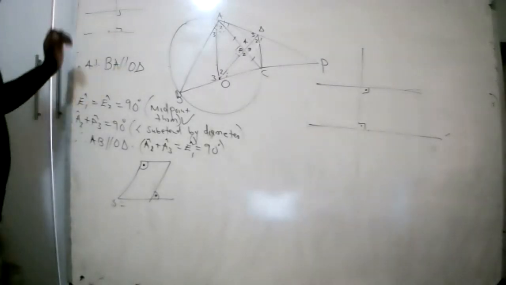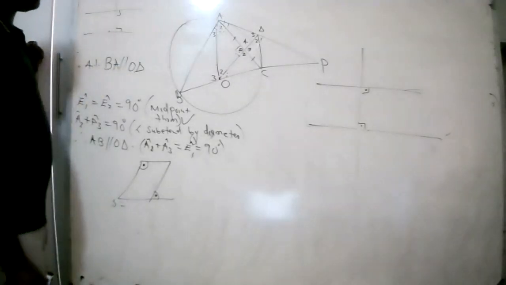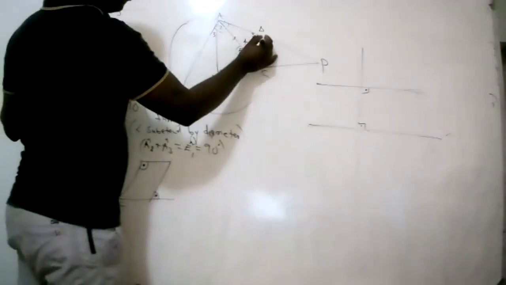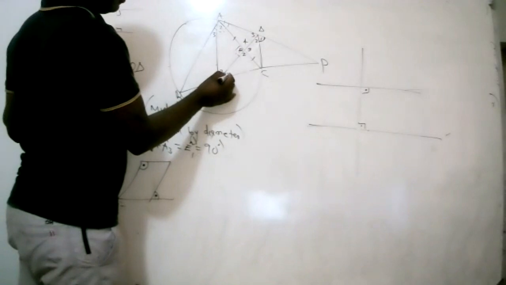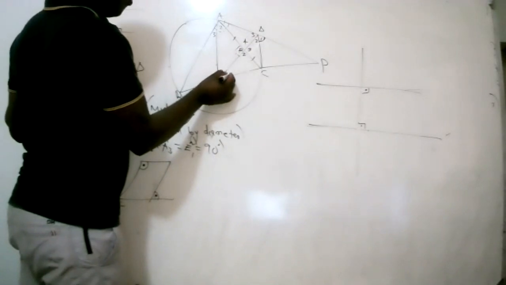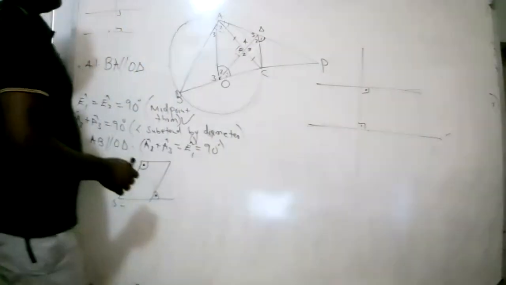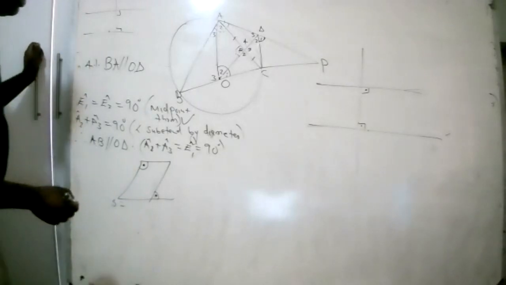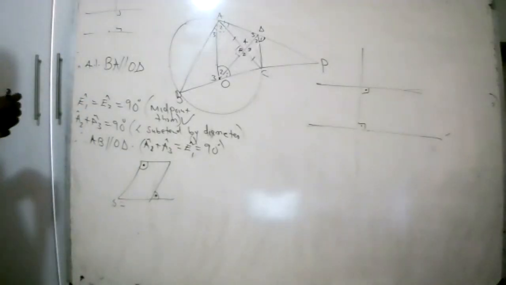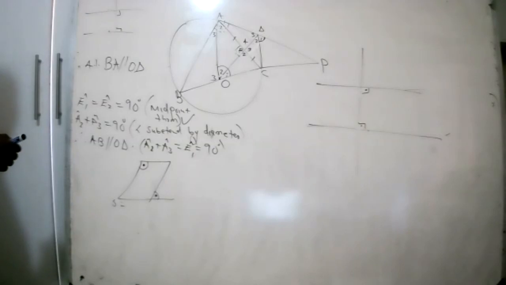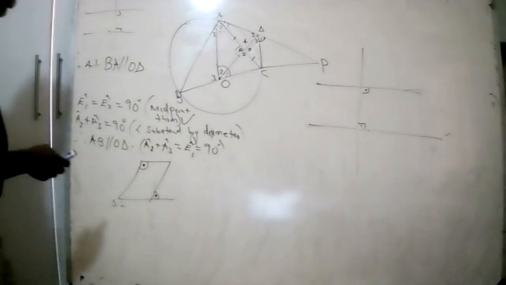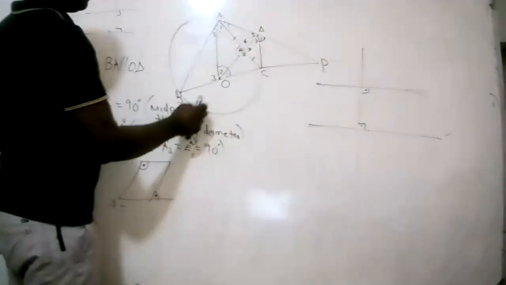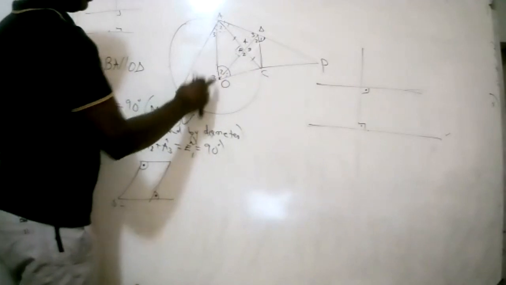So now we are going to show that angle D1 is equal to angle O1 plus angle O2. Are we together? We want to show that angle D1 is equal to angle O1 plus angle O2.